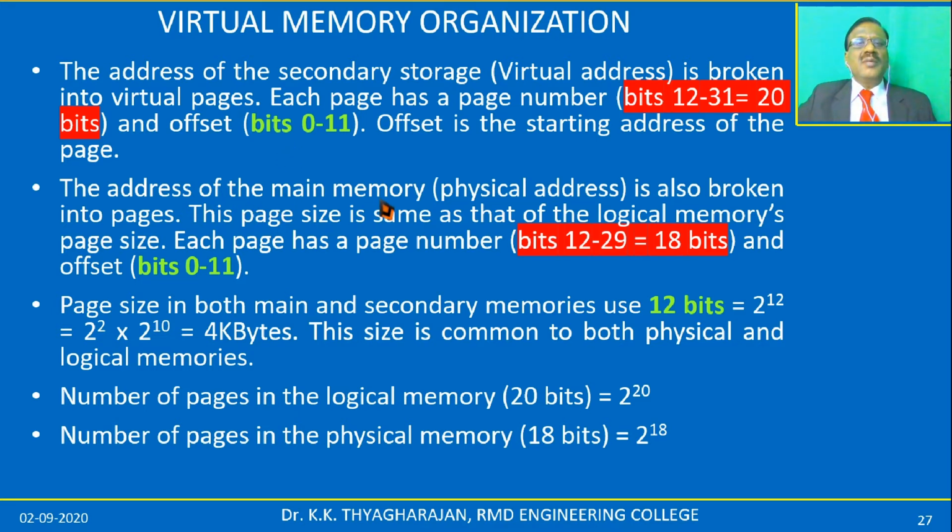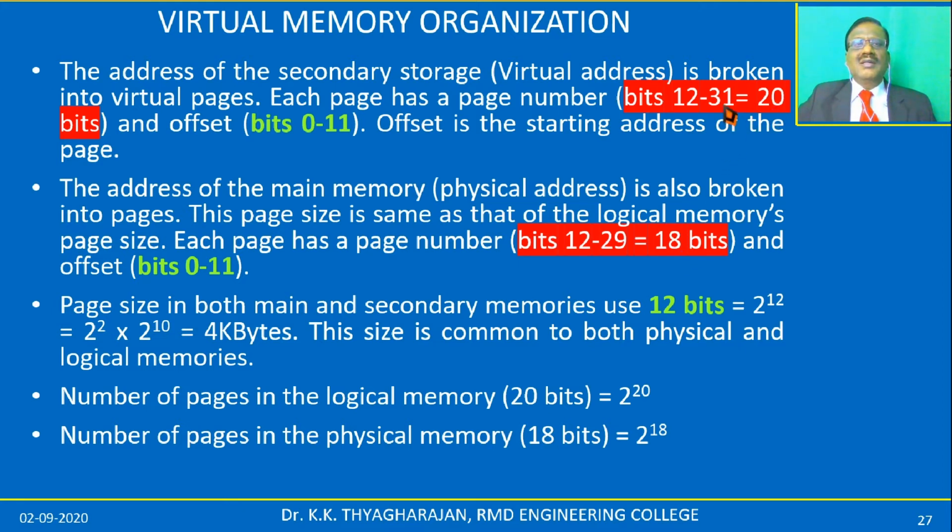The address of the main memory, that is the physical address or the RAM address, is also broken into pages. This page size is the same as that of the logical memory's page size. Each page has a page number, but here you observe the number of bits used to indicate the page number will be 18 bits.